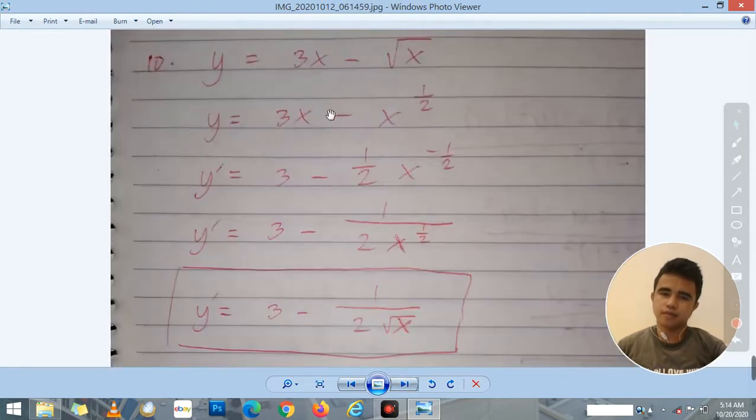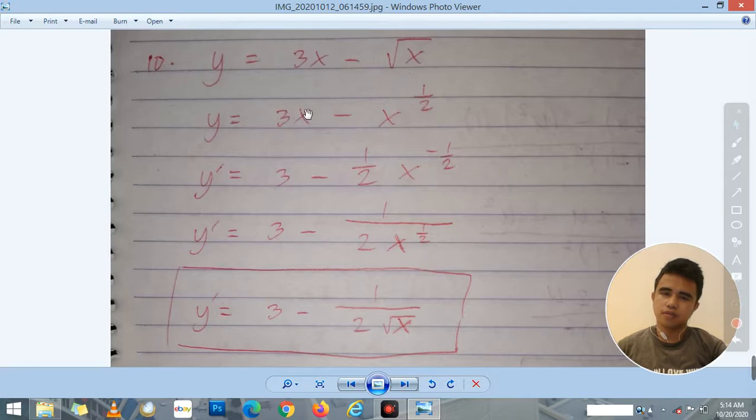And lastly, number 10, derivative of a difference. First second term here involves a radical symbol, a radical sign. We can convert this into radical exponential.